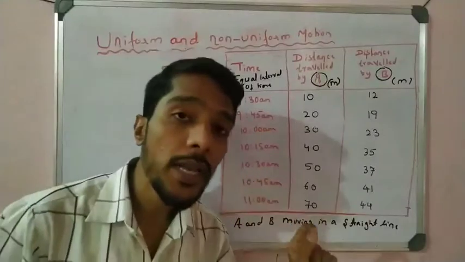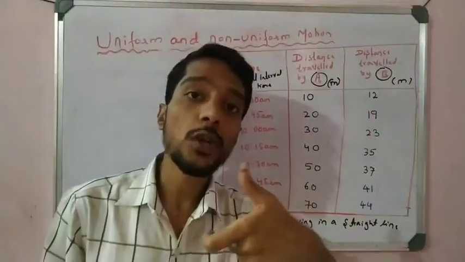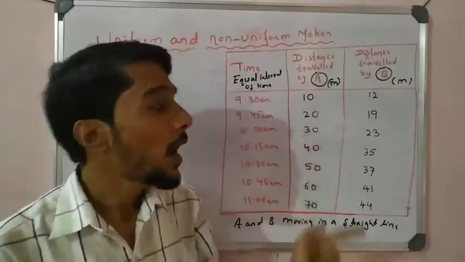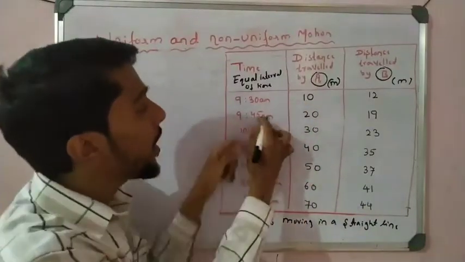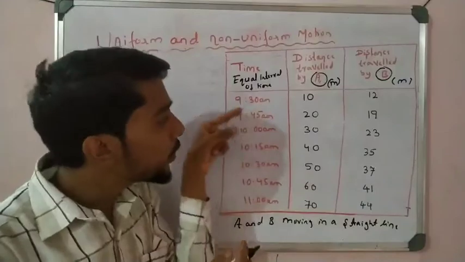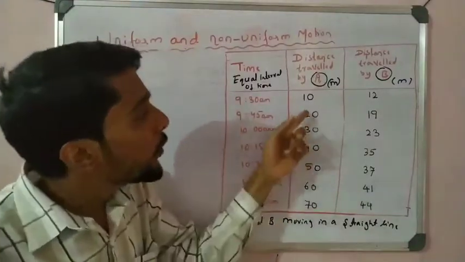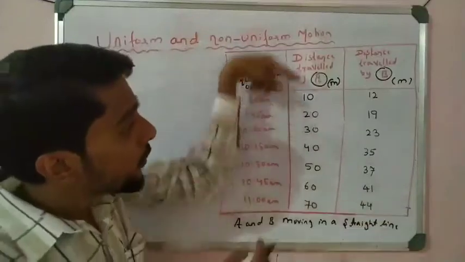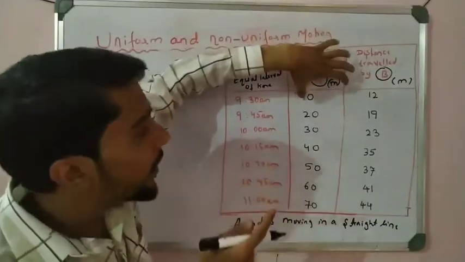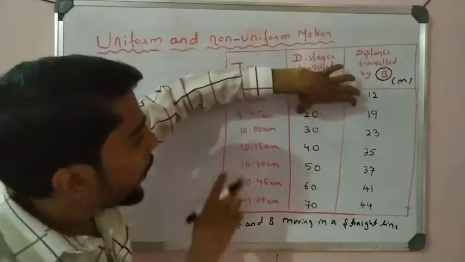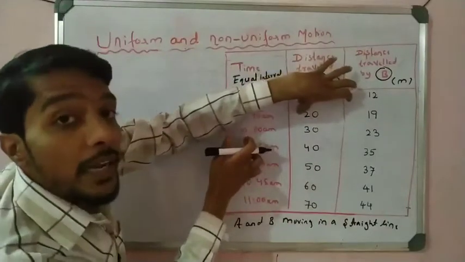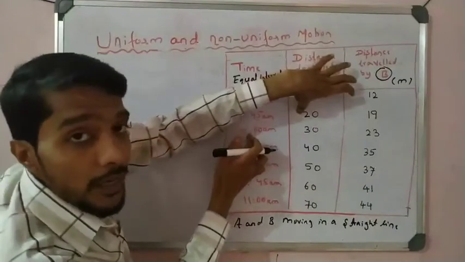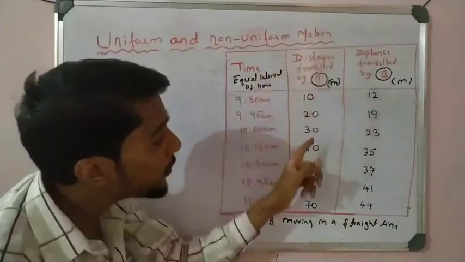When the particle starts moving from its original position, the origin or reference point, it travels 10 meters. After 15 minutes, we observe the particle travels another 10 meters. First 10 meters and then 10 meters, so it is 20 meters now. Again after an equal interval, 15 minutes, that is 10 AM, we observe 30 meters.